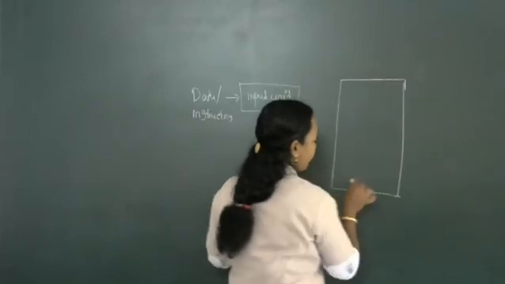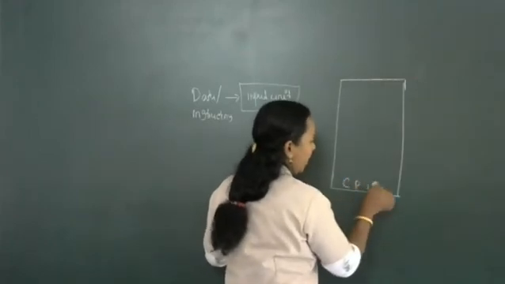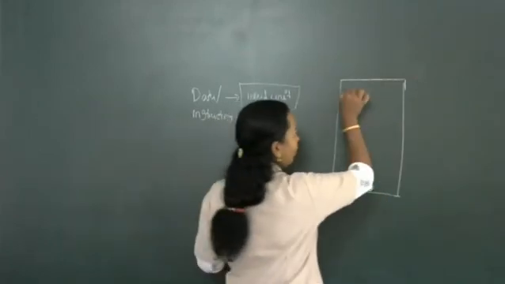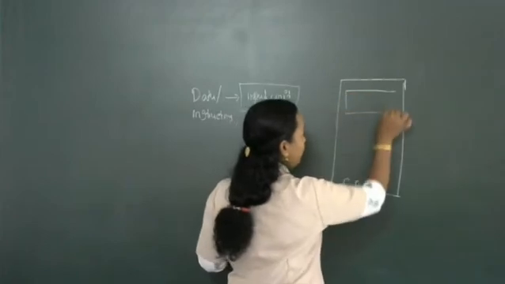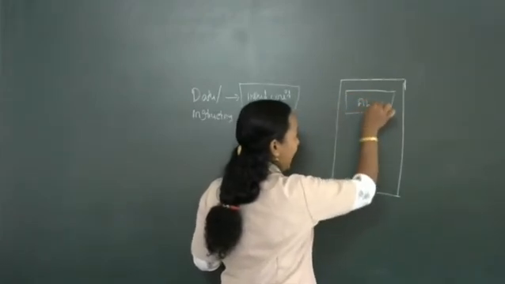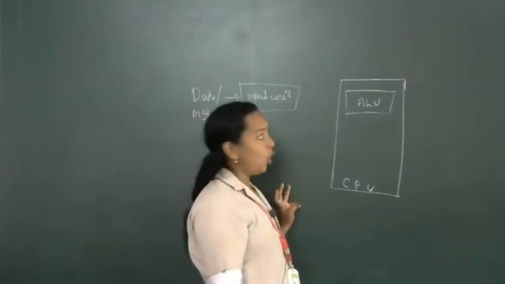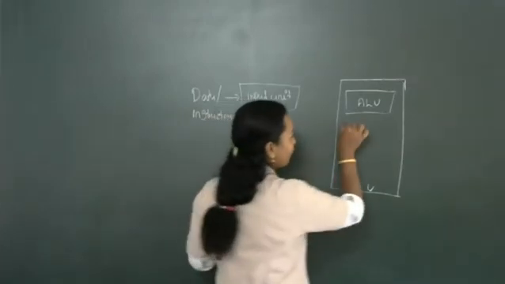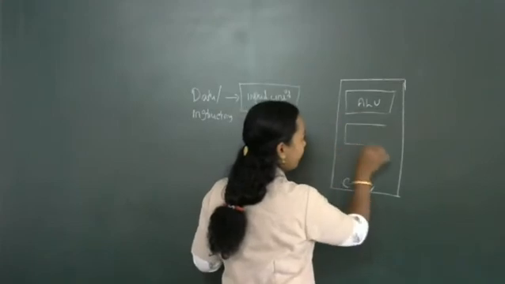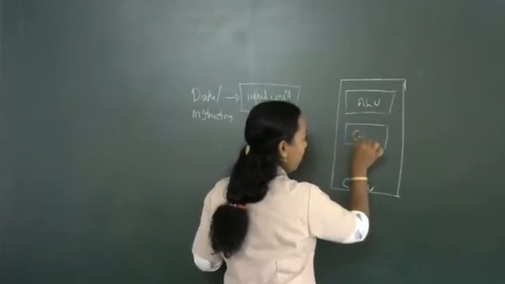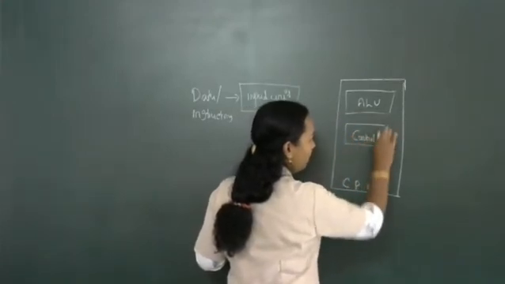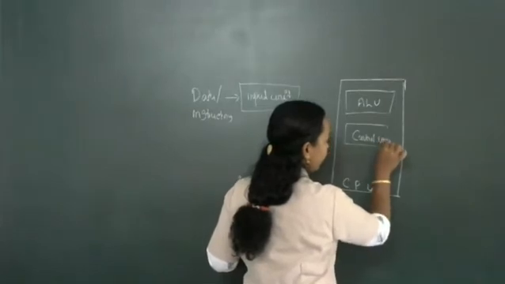CPU consists of, the first unit present in the CPU is ALU. What is the full form of ALU? Arithmetic Logic Unit. And next one is CU, or Control Unit.